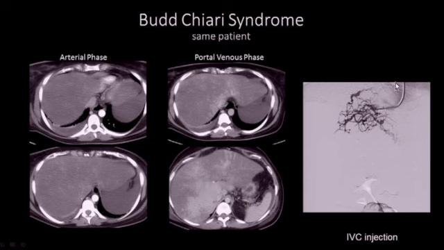The image that you see on the right is an injection of the IVC through the heart. This is the catheter, and you should normally see the IVC and flow going back into the hepatic veins. All you see is this tangle of tiny, funny vessels here, which is the classic finding in Budd-Chiari syndrome. These are all that's left of the little hepatic veins, which essentially makes the diagnosis of Budd-Chiari.